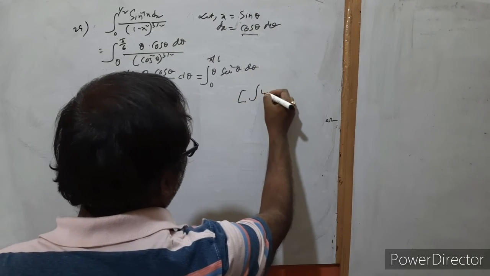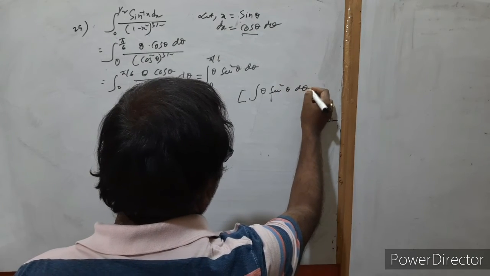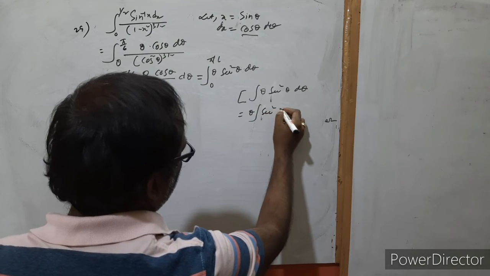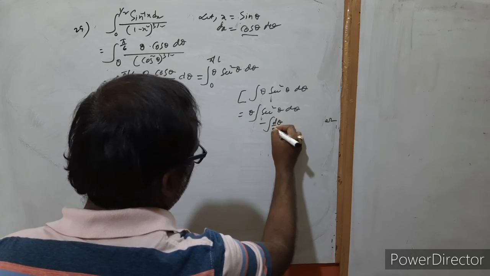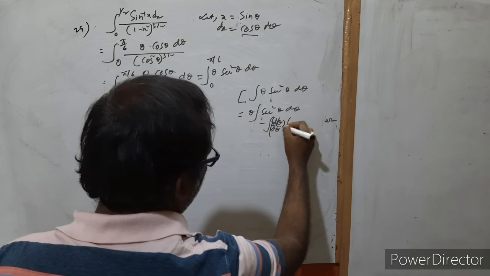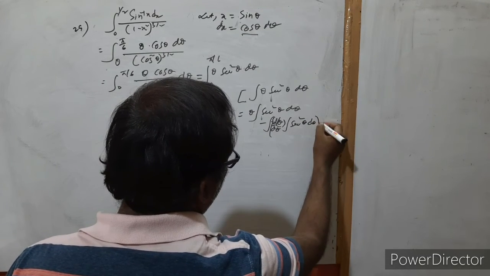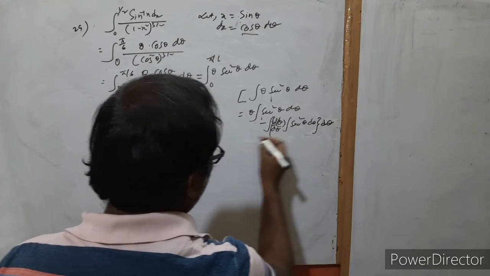Now the integral of theta sec square theta d theta: apply the u into v method. Theta times the integral of sec square theta d theta, minus the integral of the derivative of theta with respect to theta times the integral of sec square theta d theta, bracket close, d theta.